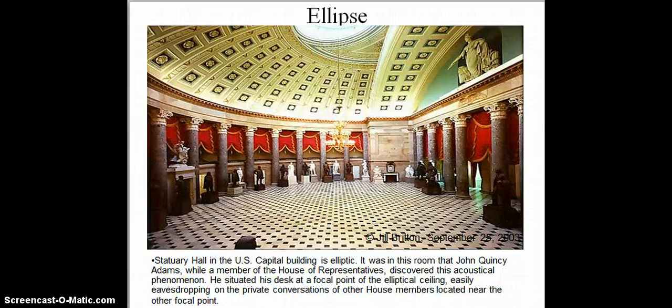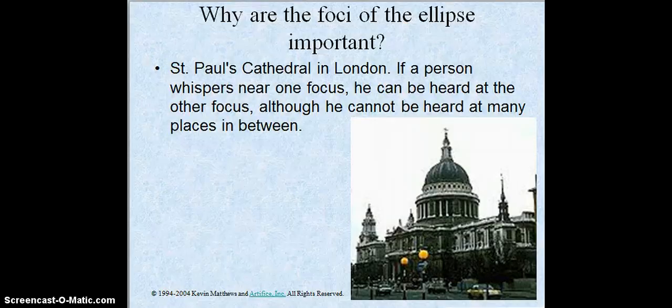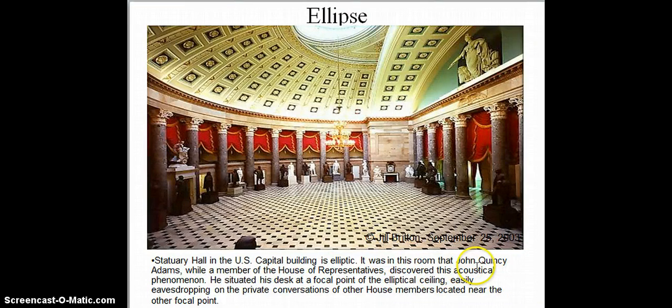There's also an example of this at the Museum of Science and Industry down in Chicago, a whispering chamber. And the St. Paul's Cathedral in London has an elliptical area as well, where if one person is at one focus and another person is at another focus, they can talk to each other. Or you could eavesdrop on other people, as you can see in this little story about John Quincy Adams.